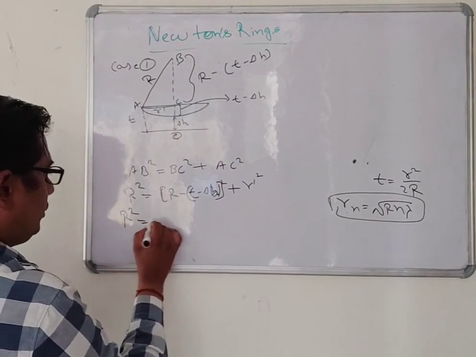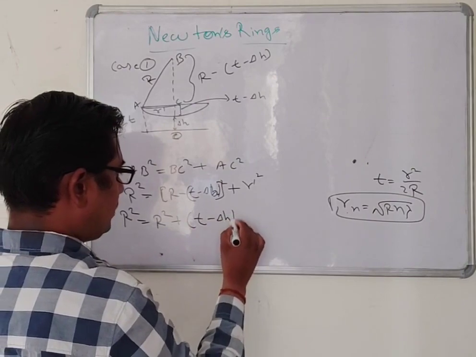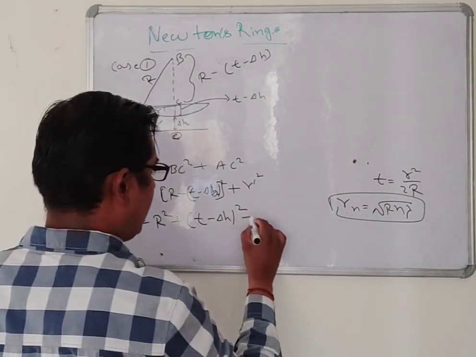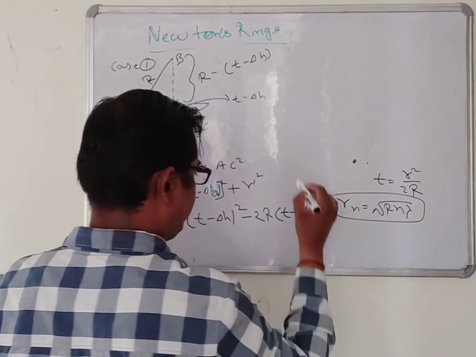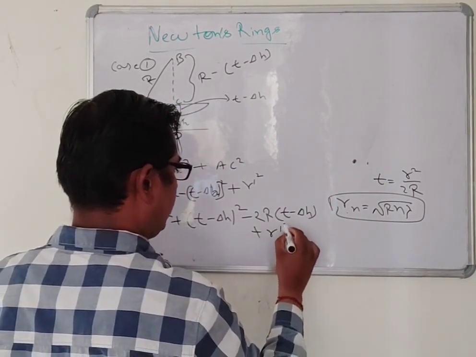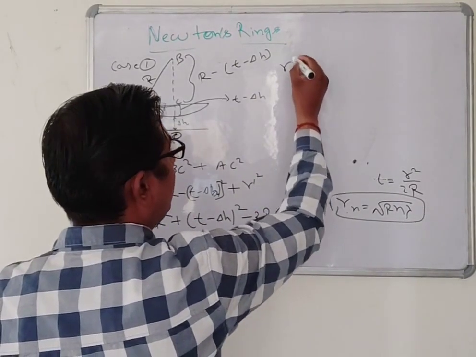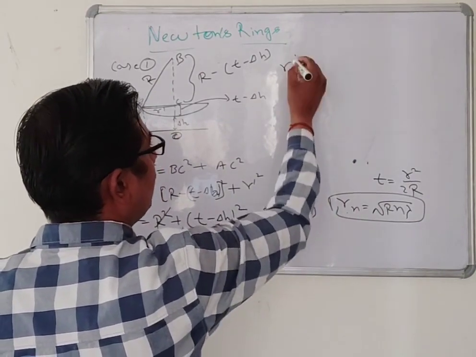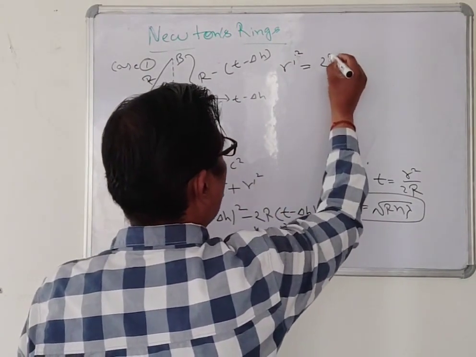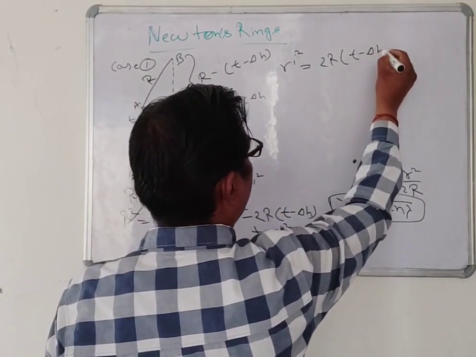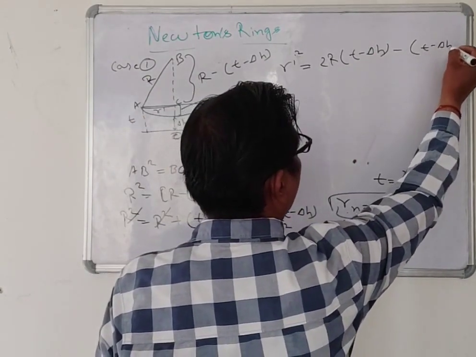Now R square is R square plus T minus delta H square minus 2R T minus delta H plus R dash square. This R square cancels out. You will see that R dash square is equal to 2R T minus delta H minus T minus delta H whole square.